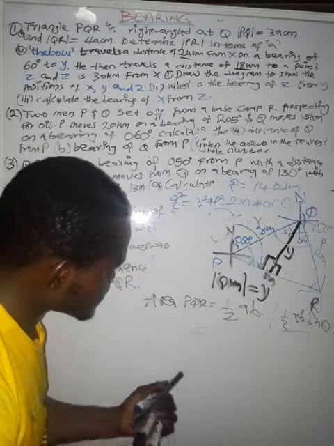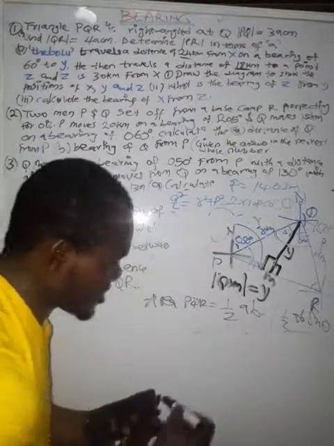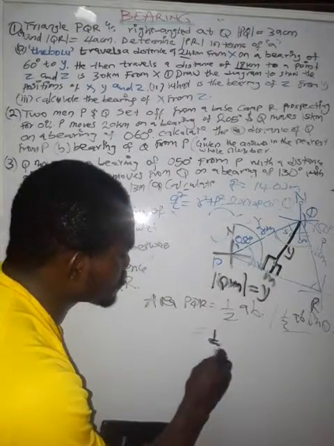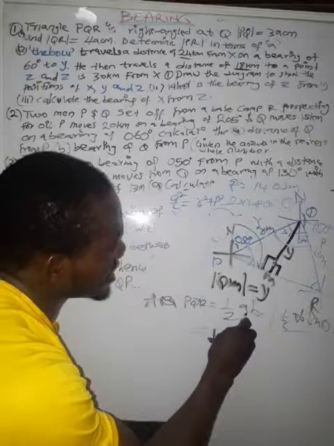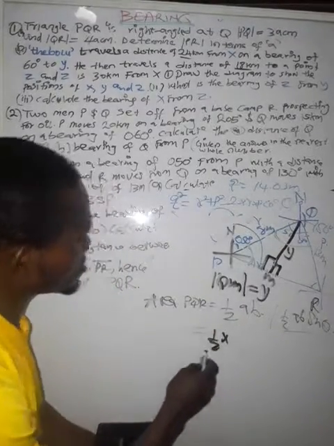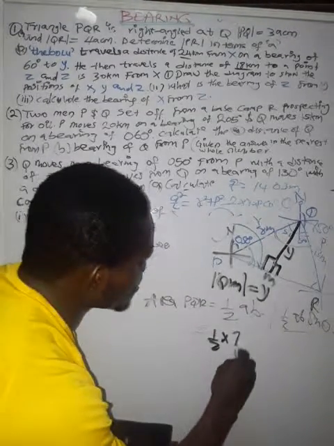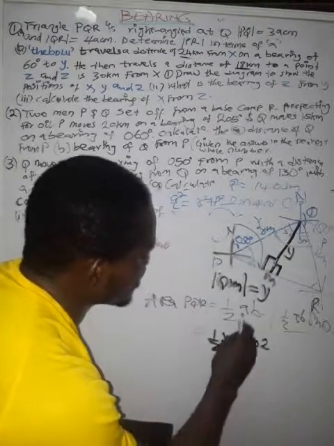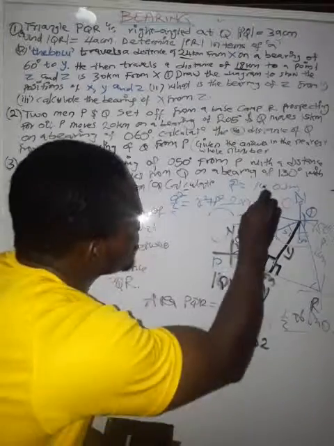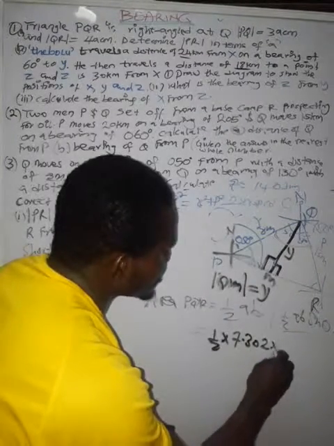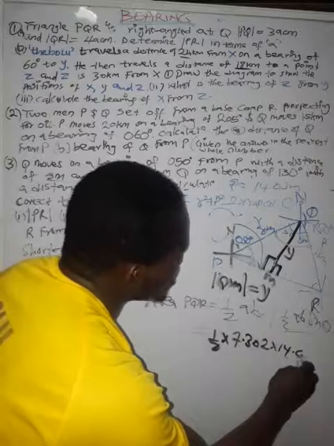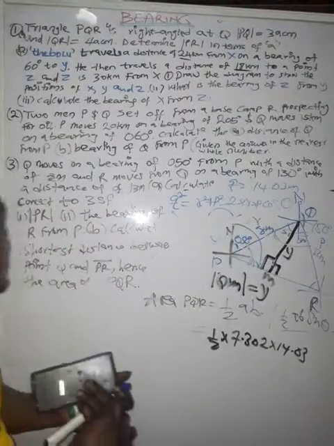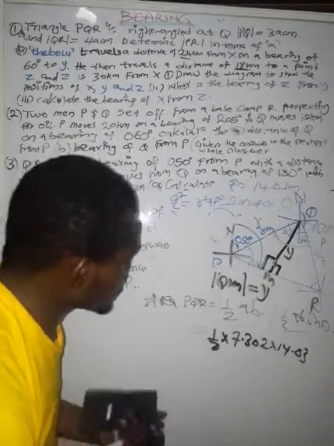So the area of a triangle is half height times base. So 1/2 times the height, which is what we just got, 7.302, times the base here, 14.03.